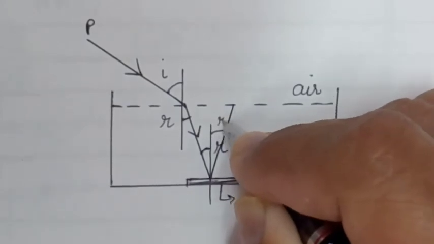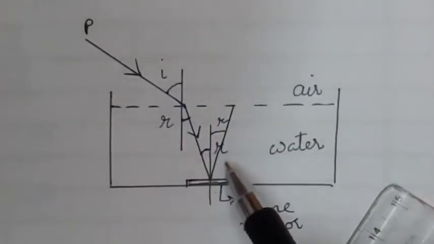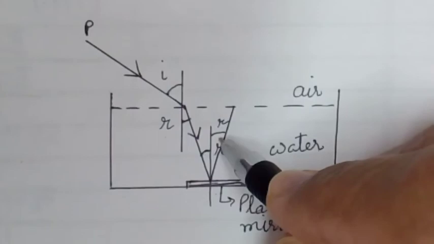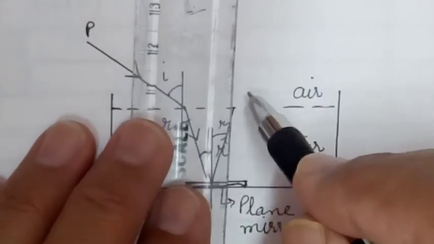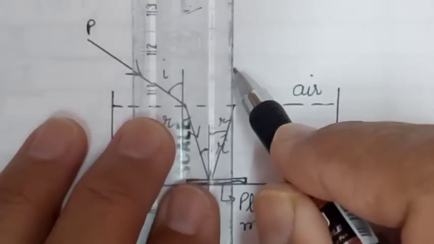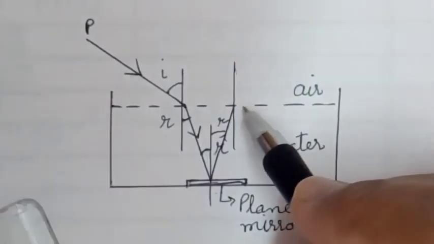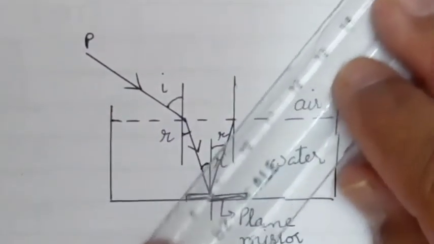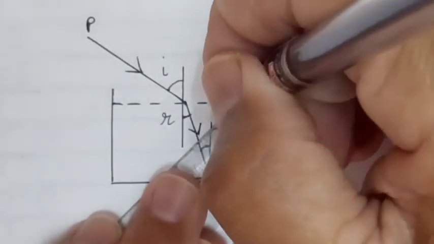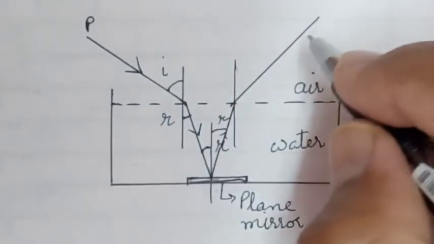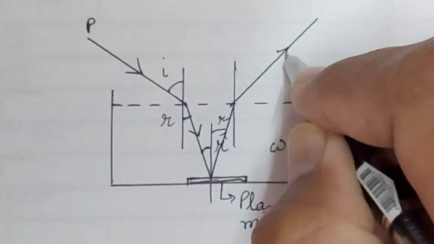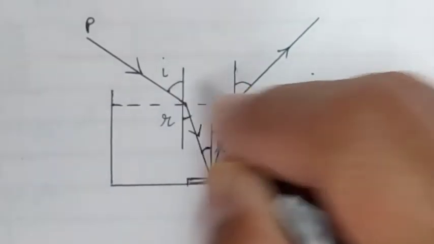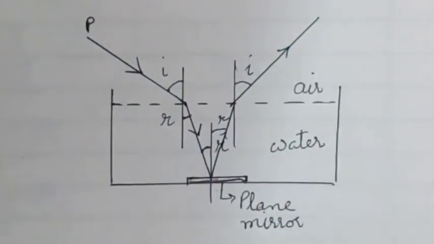So that is equal to R also, because angle of incidence is equal to angle of reflection. The reflected ray, when it reaches here, again draw a normal. This is the point of emergence. The ray emerges out, moves away from the normal. The ray emerges out, and this angle is equal to I, so this is also equal to I.